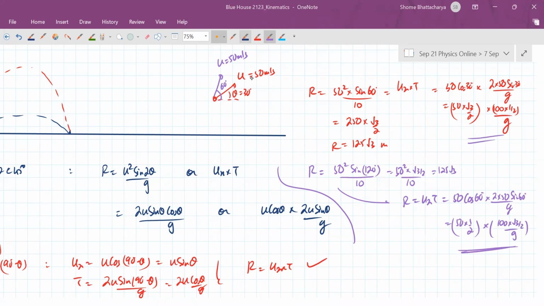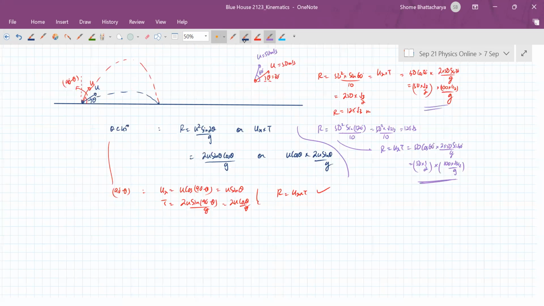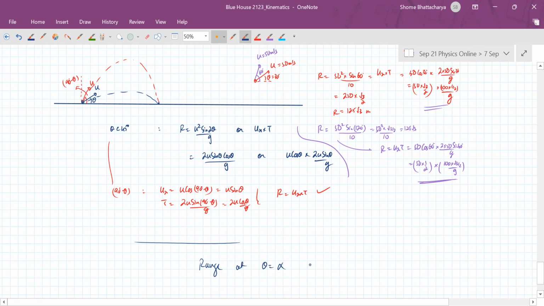Yes, exactly. So the range is equal at complementary angles. For every value of range, there are two angles of projection, other than when theta is 45. So range at theta equal to alpha is equal to range at theta equal to 90 minus alpha, for a given u.